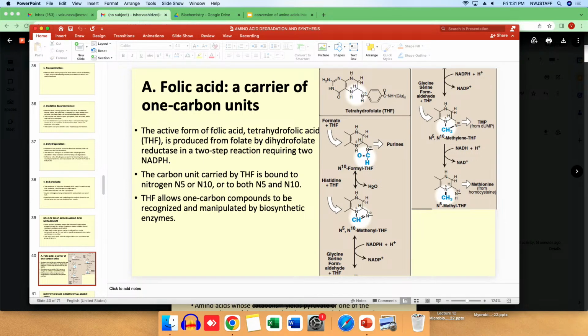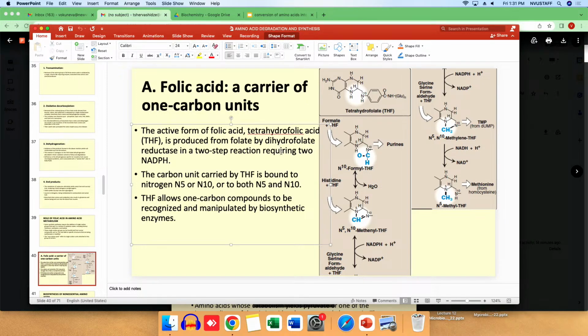Active folic acid can give us tetrahydrofolate, and this tetrahydrofolate is something you will hear a lot later as well. And now we can stop and talk about it. Tetrahydrofolate, derivative of folic acid. Folic acid, vitamin B9, can be converted from folate to give us tetrahydrofolate.